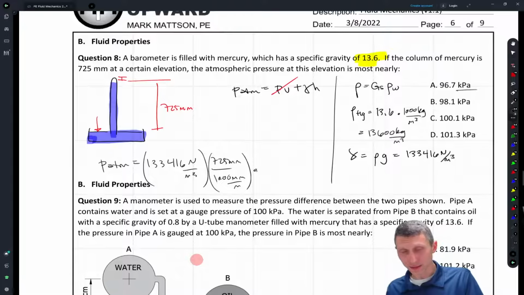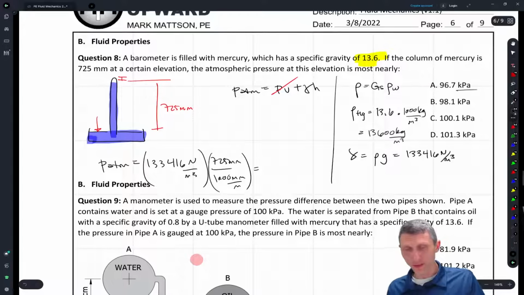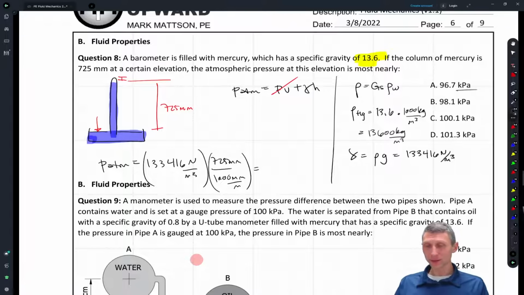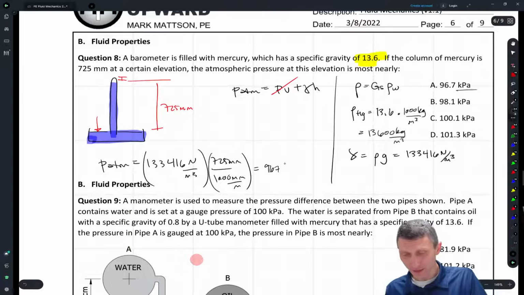Actually, let's look at this first. So what we get here is 133,416 times 725 over 1,000, and that's going to give us about 96,727 newtons per meter squared.